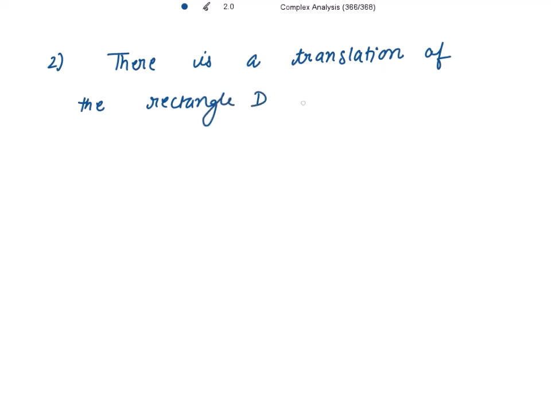The second conclusion we get: there is a translation of the rectangle D in the direction of the vector 1 minus iota.